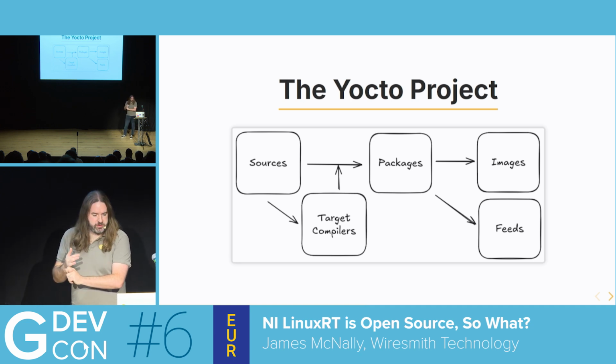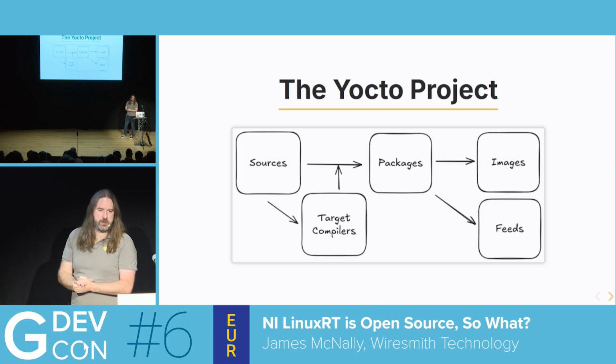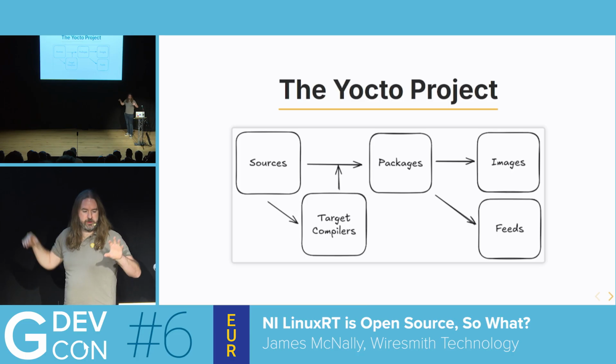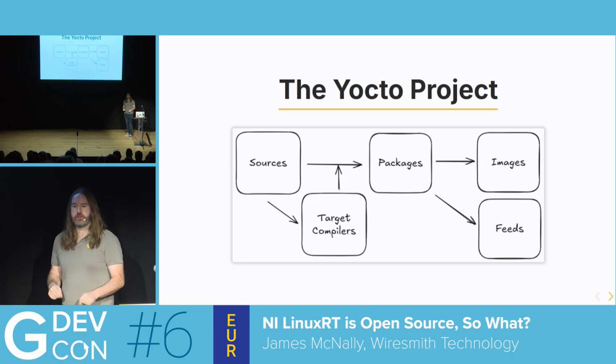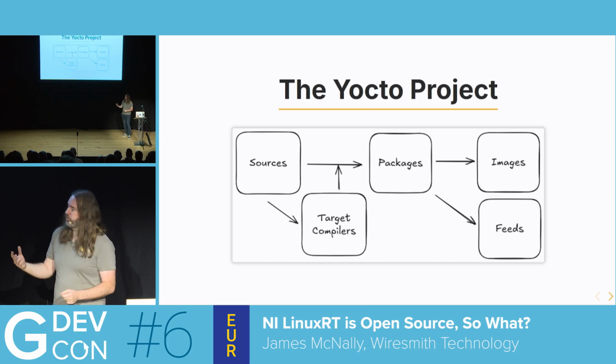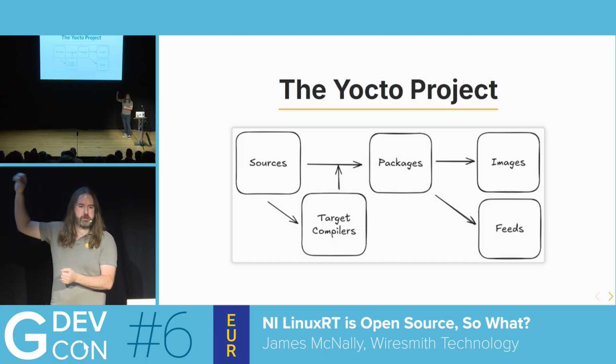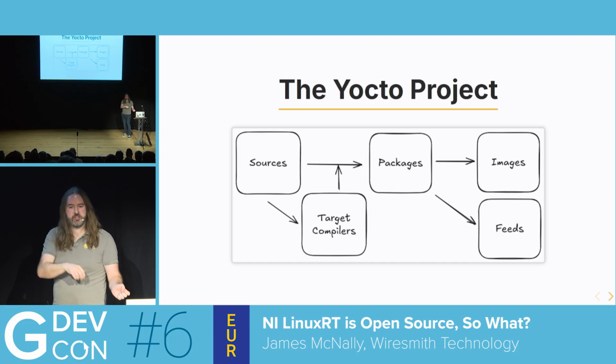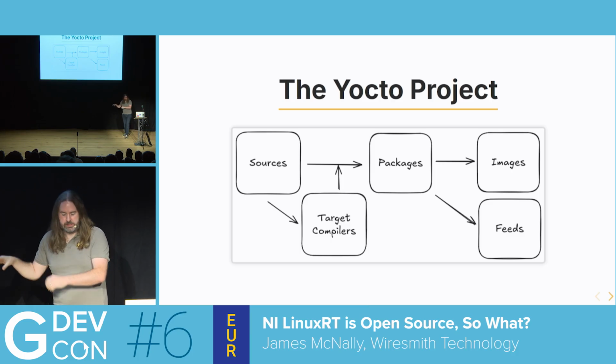The first thing it has to do is build the cross-compilation or target compilers. So if you're running on an x86 system, but you want to target, for example, the Zynq cRIOs, well, they run ARM, so you have to build a compiler that can run on x86 and compile to ARM.